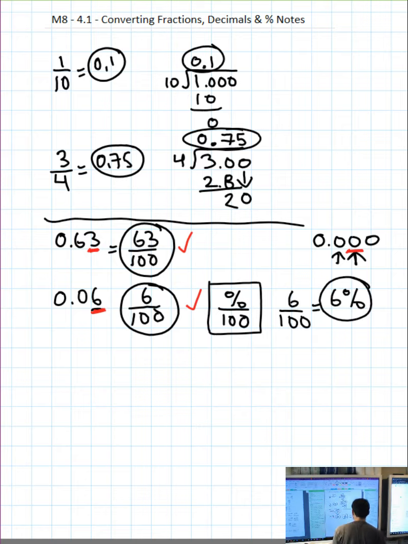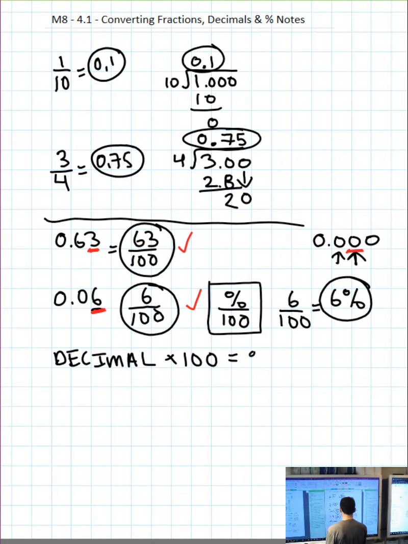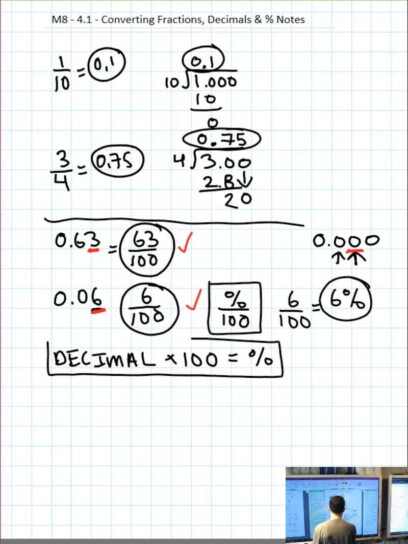I also could have used my calculator. If I have a decimal, I can simply just multiply that number by 100 to get the percentage. And that's a formula, so we're going to put a box around that formula.